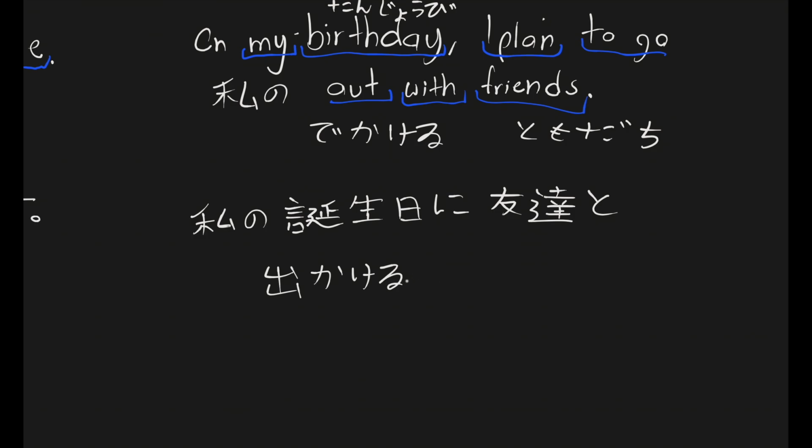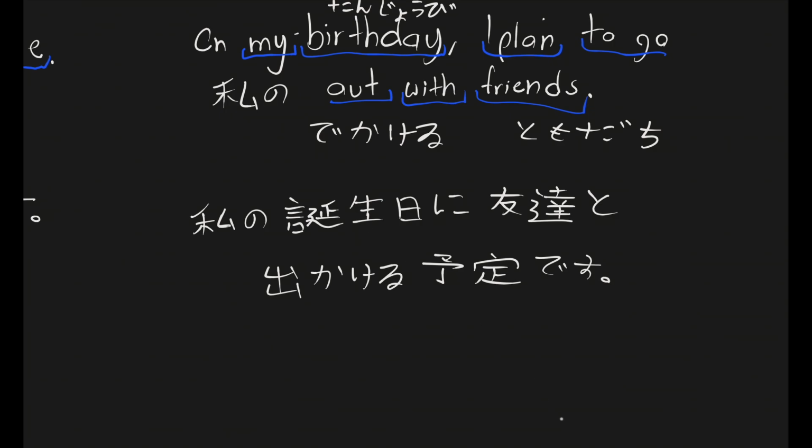So dekakeru yotei. Dekakeru yotei desu. So the translation for on my birthday, I plan to go out with friends. How I translated it would be watashi no tanjoubi ni tomodachi to dekakeru yotei desu. That is how I would translate on my birthday, I plan to go out with friends.